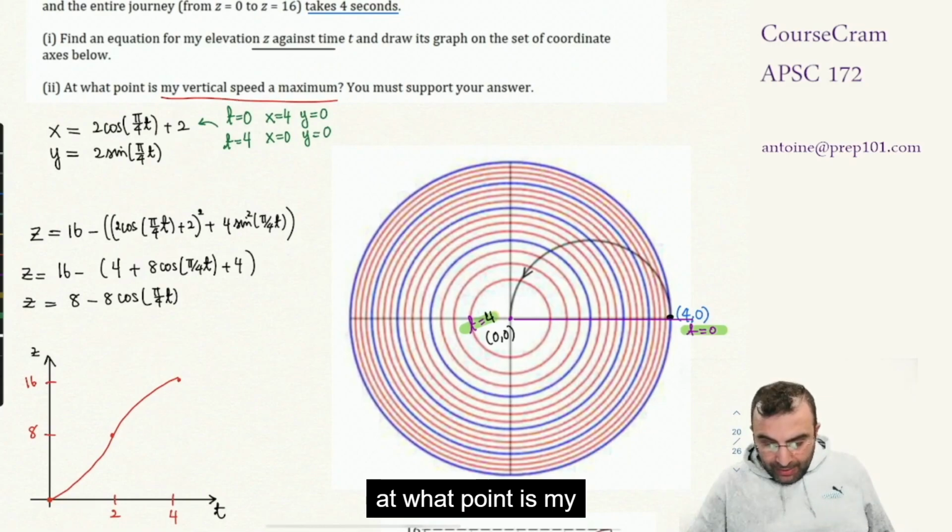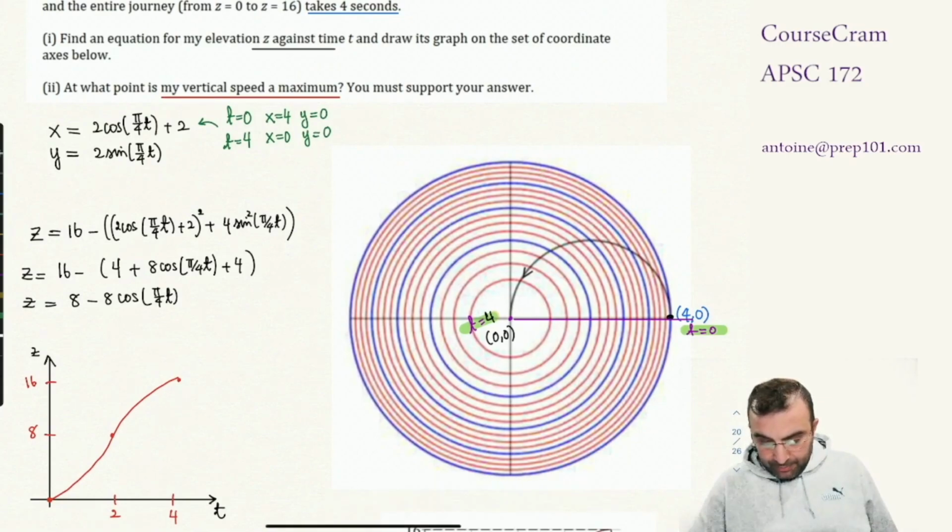At what point is my vertical speed maximum?